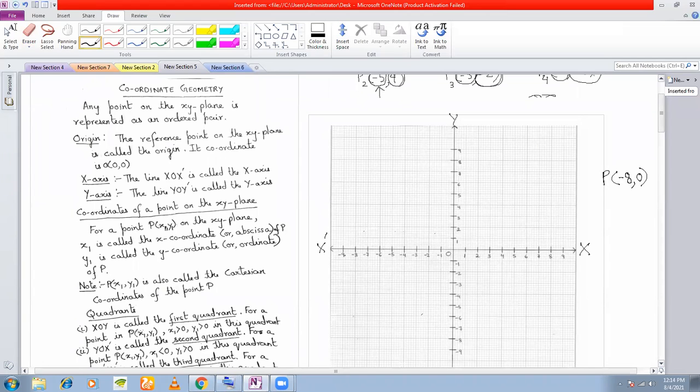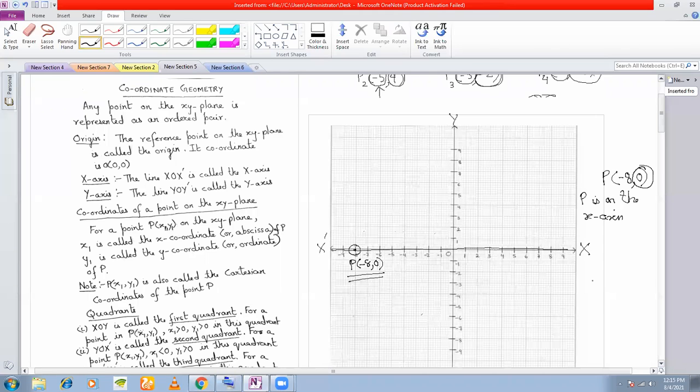How will I get the point? (-8, 0) will be here. You agree, all of you? Yes, sir. So if you agree that (-8, 0) will be here, then this point P is on which axis? It is on the x-axis, right? Very important observation here: any point on the x-axis will have y coordinate 0.